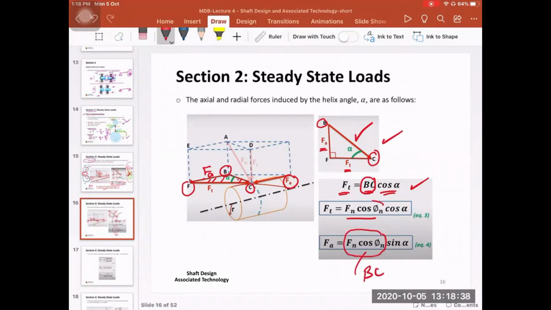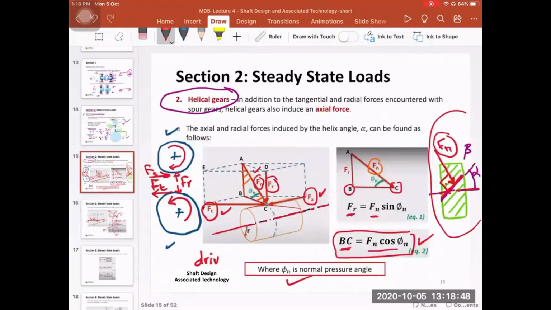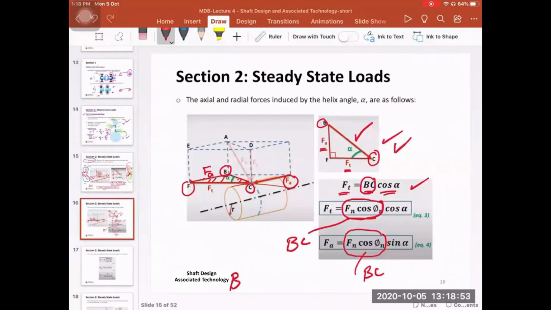And here as well, this is BC. So this is BC cosine alpha and BC sine alpha based on this triangle here. And then BC is Fn cosine phi n. We just substitute this BC value into these two equations.